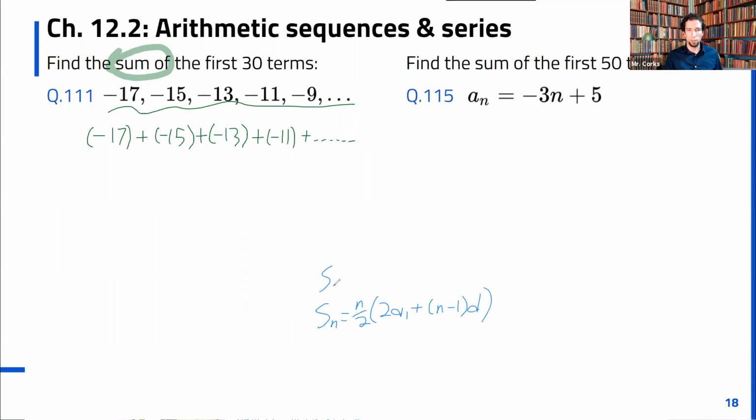The other way of writing this is n over 2 times a1 plus an. If we just take the an term and use our general term formula and expand that, then we will get exactly what we have in the second version here, but they are saying the same thing.